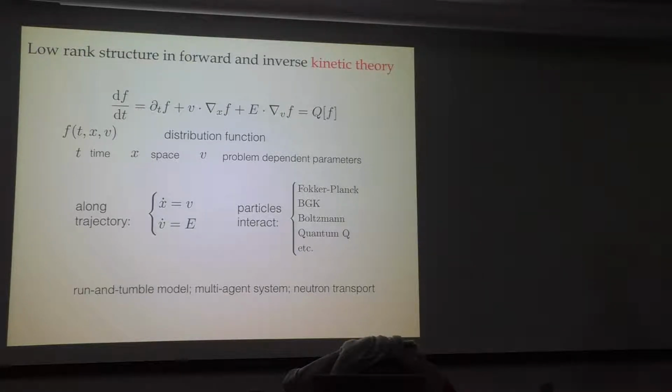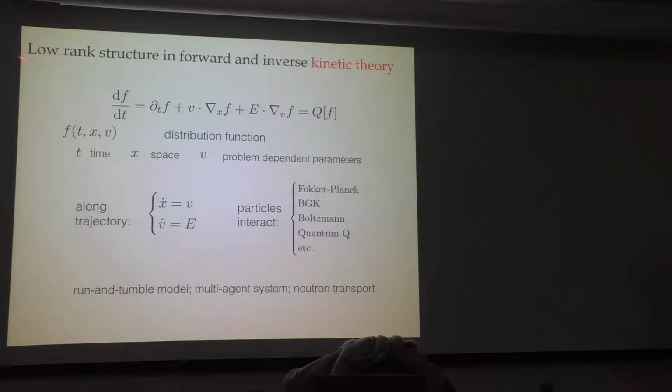And over there, we need the distribution function. F tells you how many particles at certain time t, at certain location x, with some certain property v. It depends: t is always a time, x is always a space, and v depends on your particular particles you're looking at. Sometimes it's velocity, sometimes it's frequency, sometimes it's angle for photon, for example.